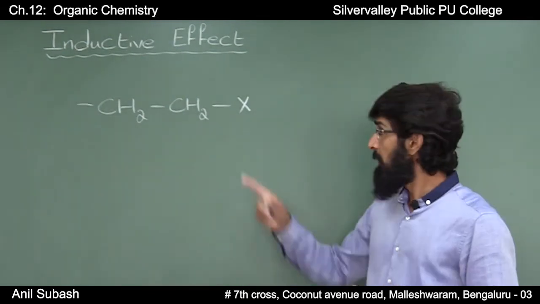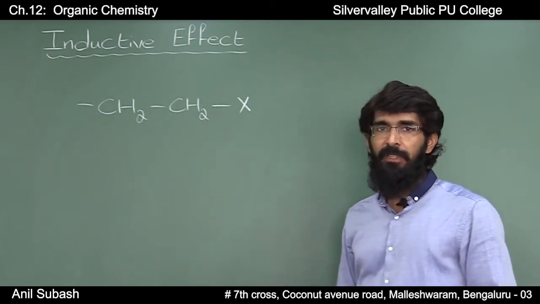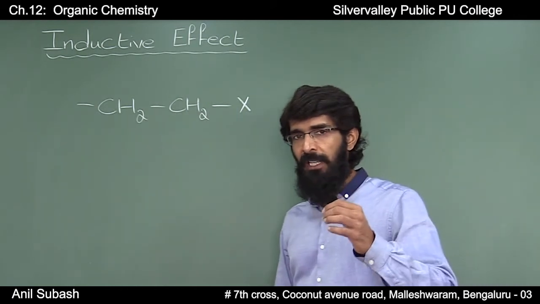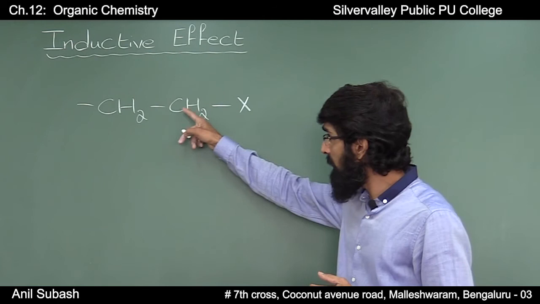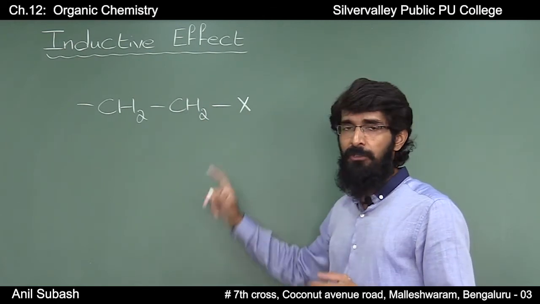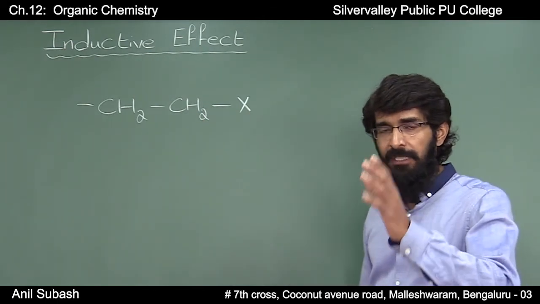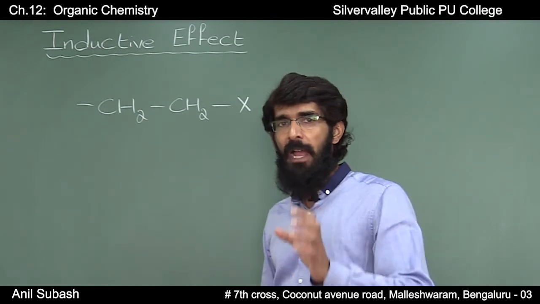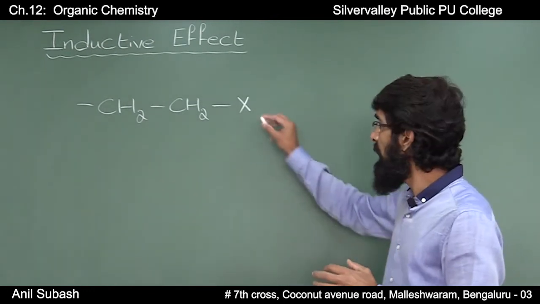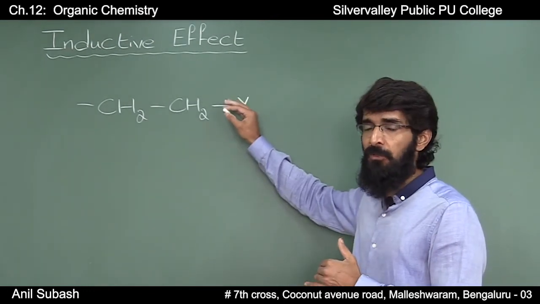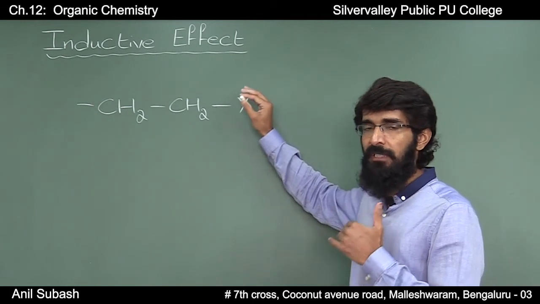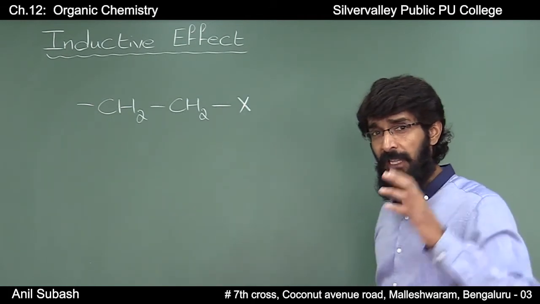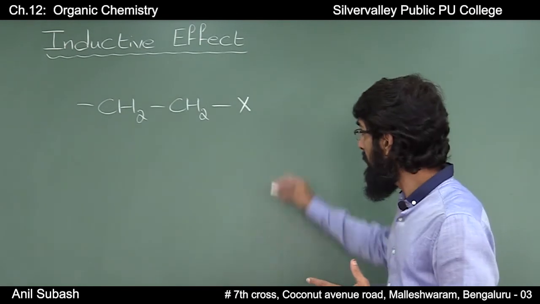Due to the difference in electronegativity, the shared pair of electrons between carbon and halogen is not exactly in between the two atoms, but will move slightly towards the highly electronegative atom, that is the halogen.